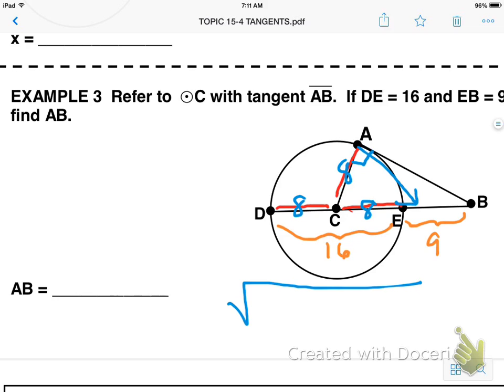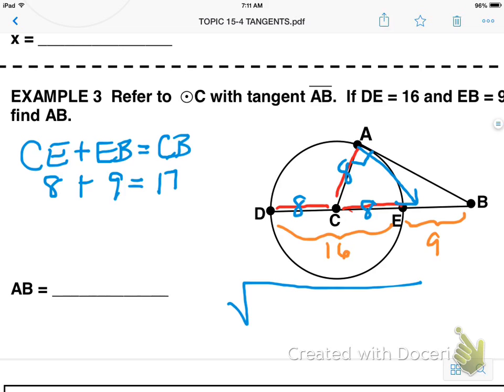Well, I know that CE plus EB equals CB, so CE is 8, EB is 9, so the length of CB is 17. So I'm going to do 17 squared minus 8 squared to get the length of AB.